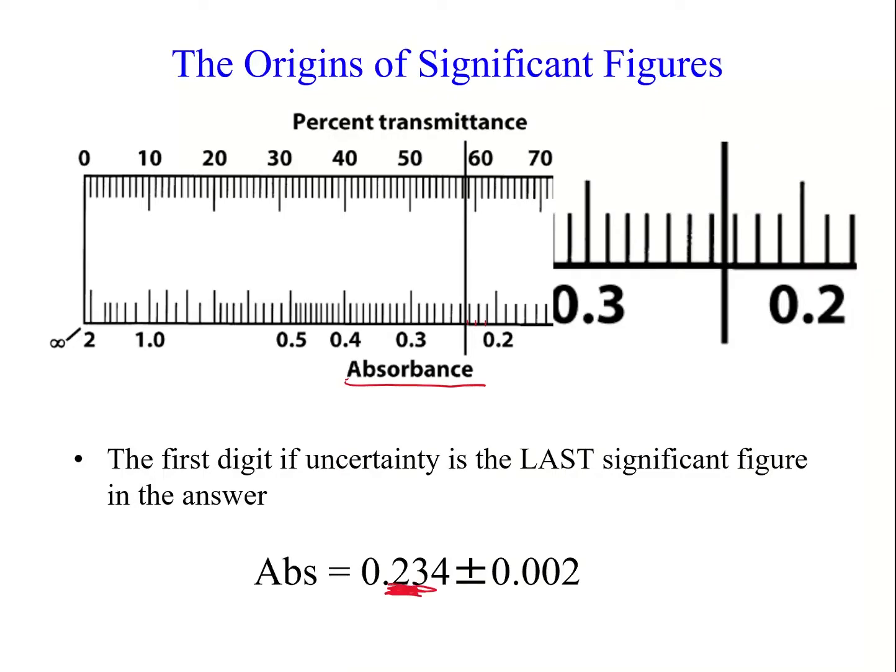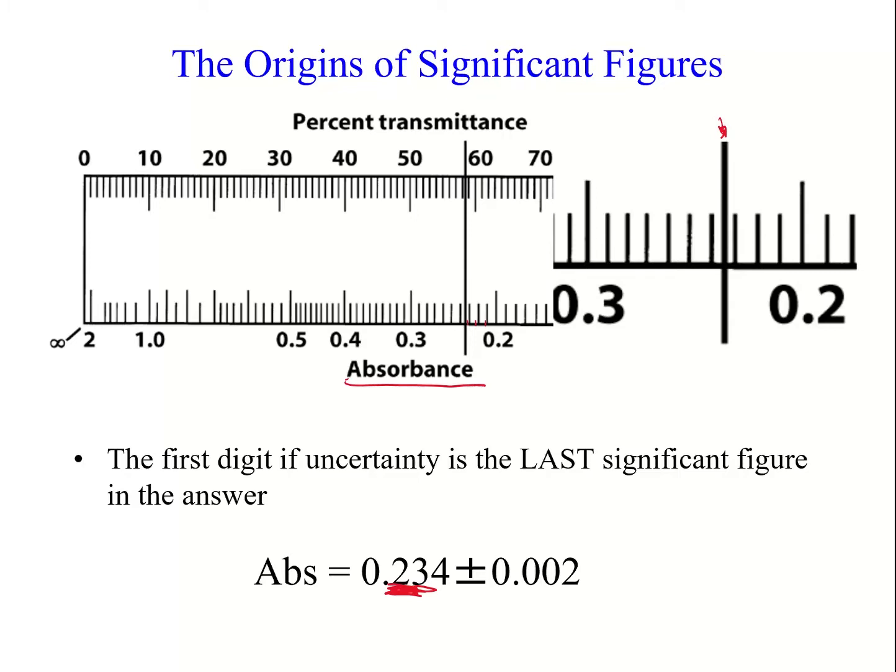Plus we need to report one uncertain digit. If you take a look at the picture here, the readout line, or the needle, is 1,000 units wide. So we would guesstimate our last thousandths place.